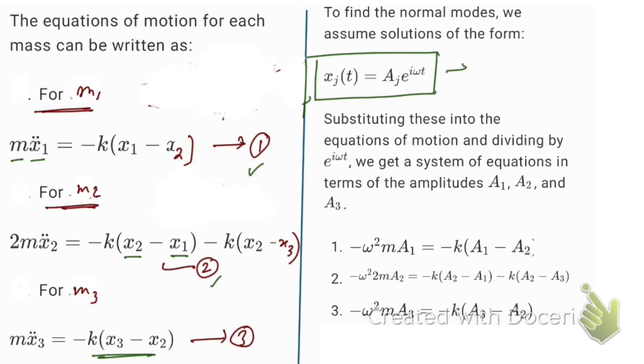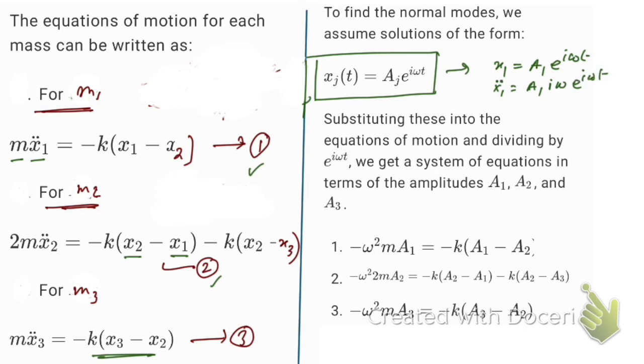From this we get x1 is equal to a1 e to the power i omega t, and x1 dot will be a1 i omega e to the power i omega t.